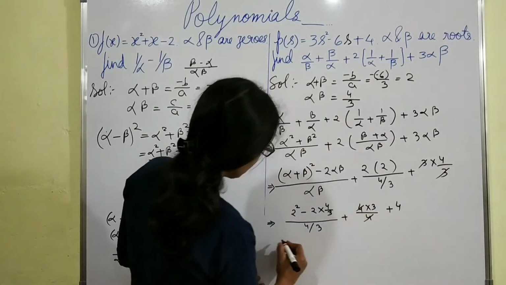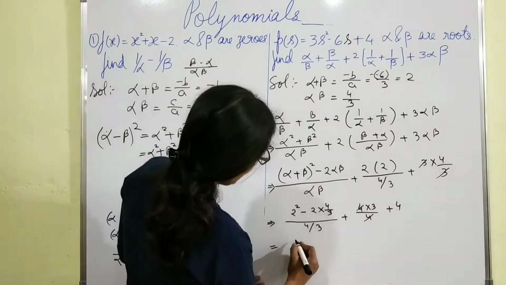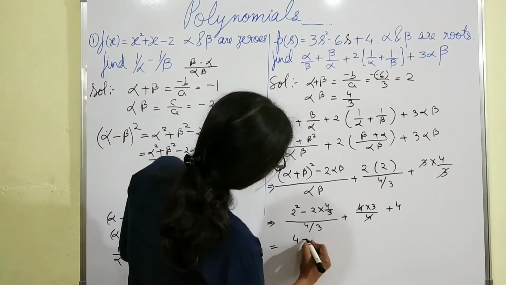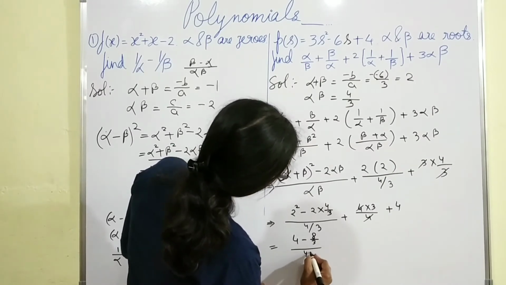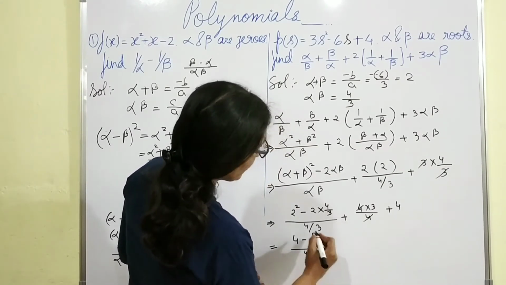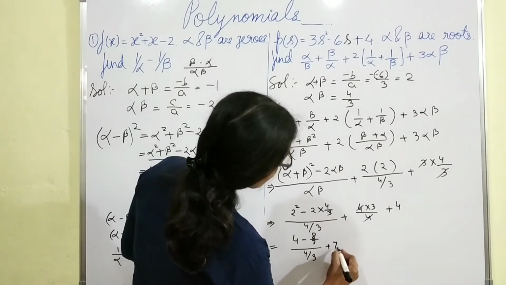The 4 and 4 will be cancelled. So, here it is 4 minus 8 upon 3 whole upon 4 upon 3, plus 7.